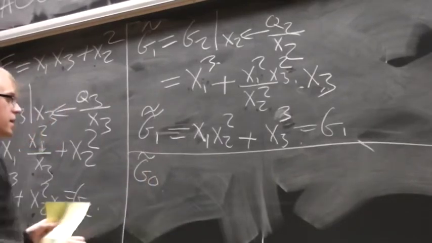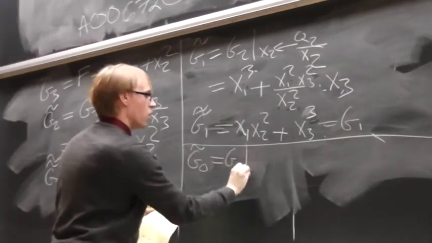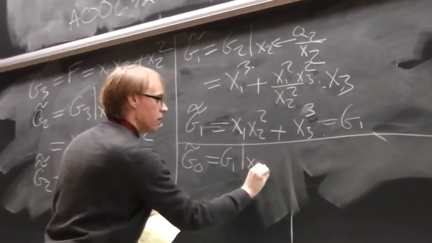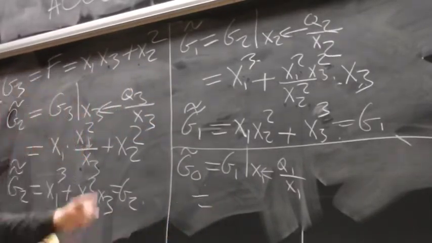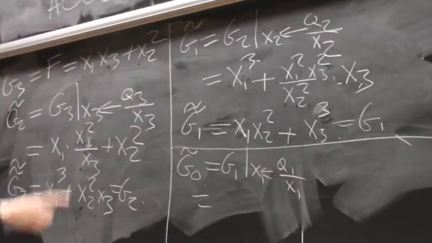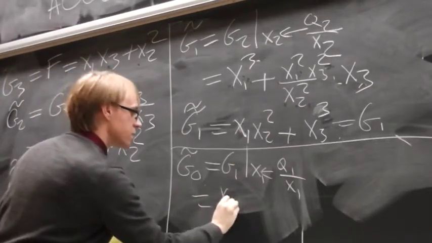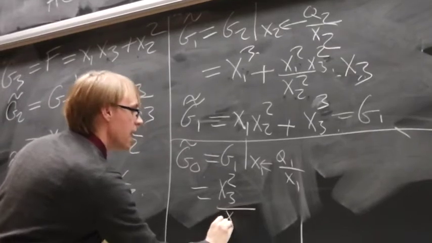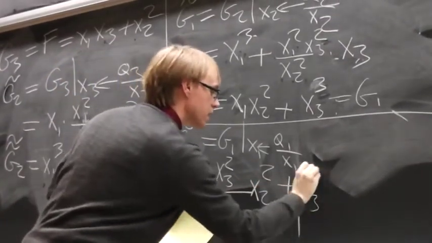And one last calculation, so g sub 0 tilde. So we replace x sub 1 with q sub 1 over x sub 1. Q sub 1 is x3 squared, so that gives us x3 squared over x1 times x2 squared plus x3 cubed.